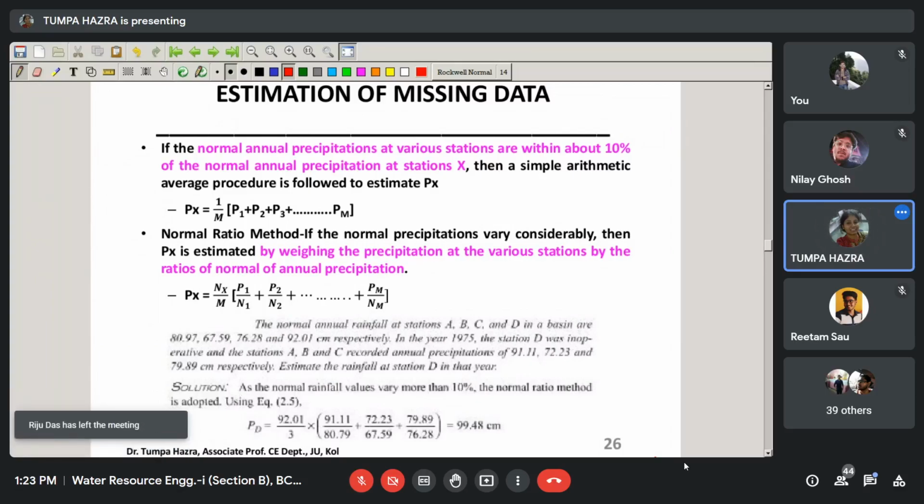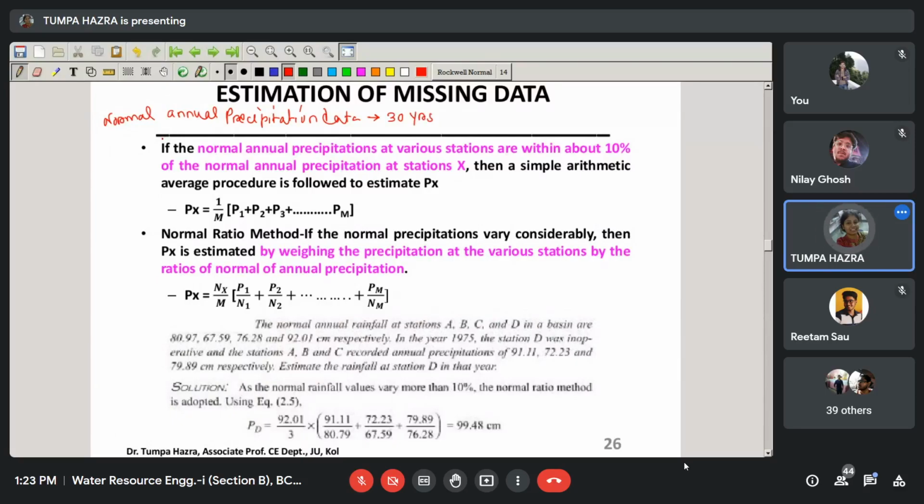There are two procedures to estimate the missing data. Basically, the rainfall data are of two types. One is normal annual precipitation data, that means the average annual precipitation data of 30 years.